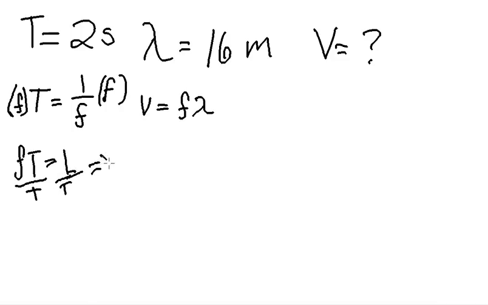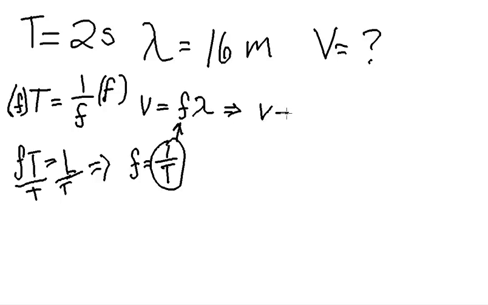And that gives me the frequency is equal to the inverse of the period. So now what I can do is, instead of using this equation with frequency, I can plug in the inverse of period for frequency, and it's the same exact equation. It's just solved with all the variables that I'm looking for here.